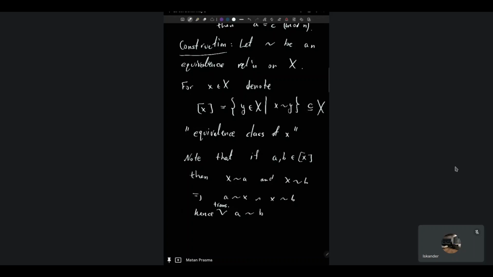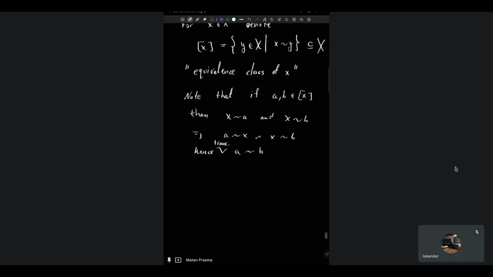And there is another property of this equivalence class, and that is what happens if I look at different equivalence classes.